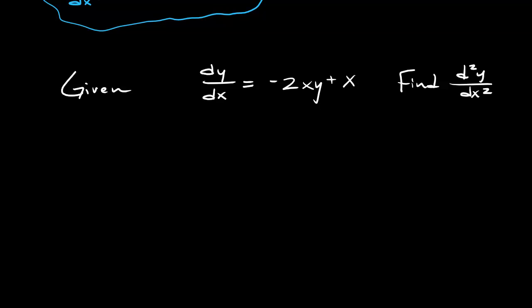Why don't you take a minute and see if you can start this one. Find the derivative, because that's what d squared y/dx squared is. It's the derivative of dy/dx. See if you can do this derivative. This is going to require a product rule for that portion.